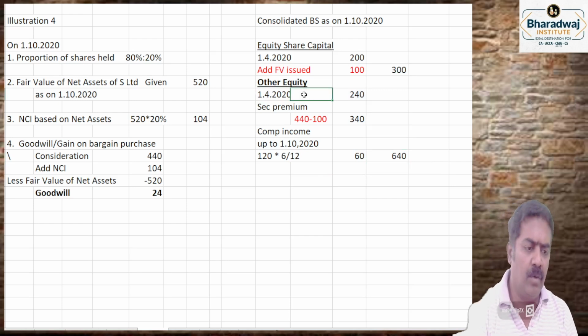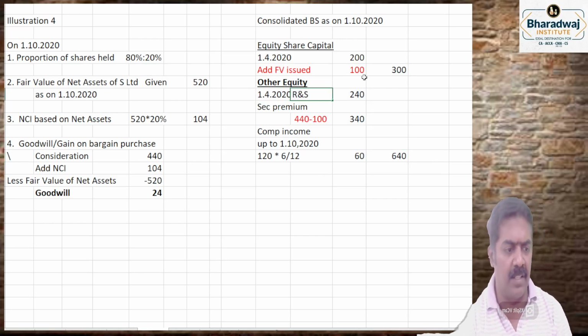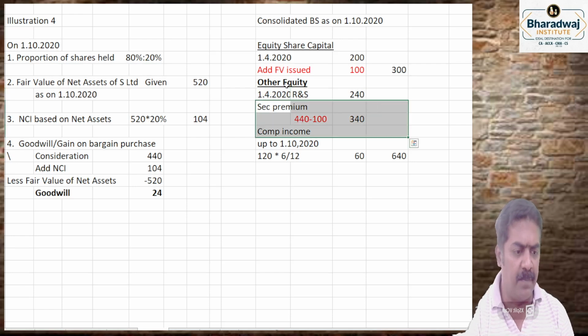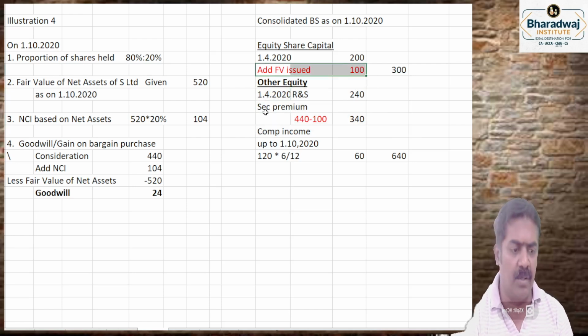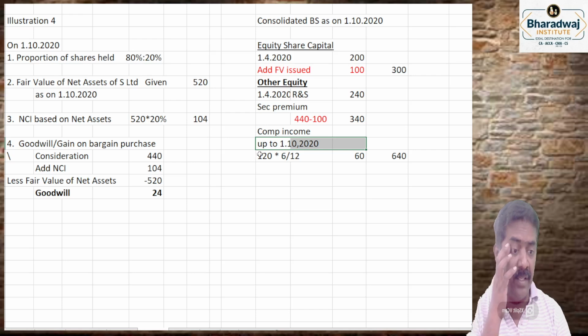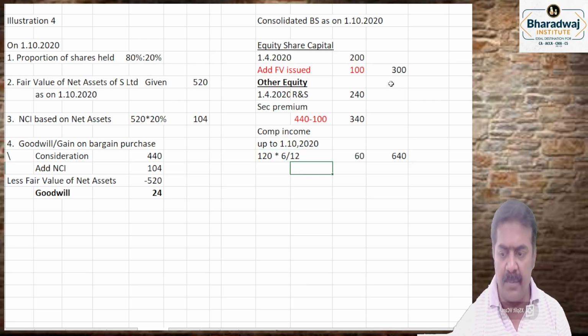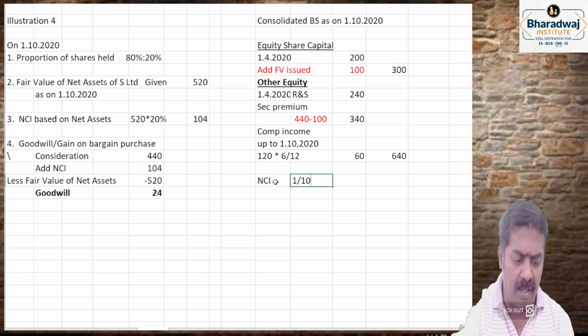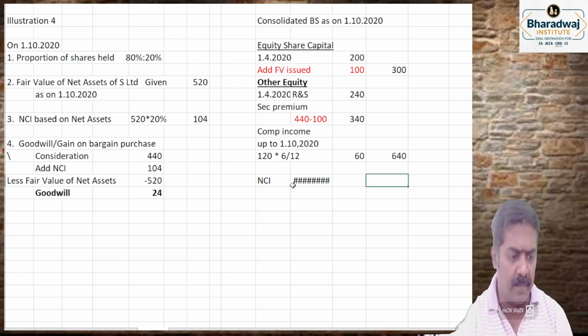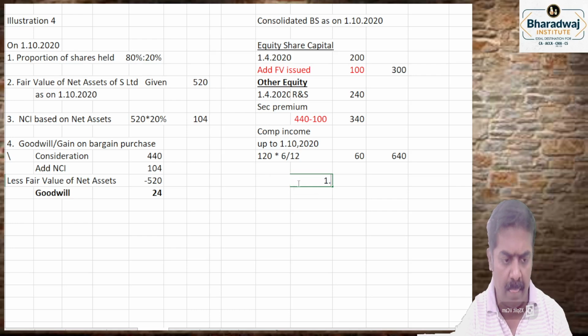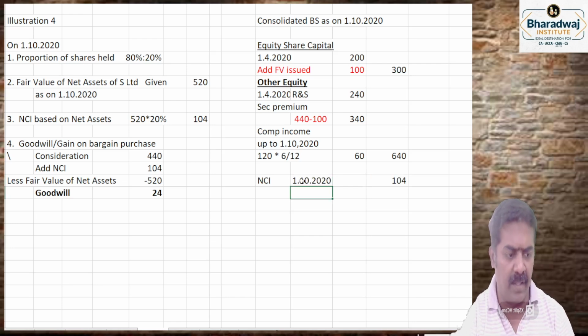I repeat: opening balance of reserves and surplus 240, securities premium on the allotment of shares for acquiring control 340, then comprehensive income up to 1/10/2020, 6 by 12 for 6 months. Total 640. Then NCI value on 1/10/2020: 104.